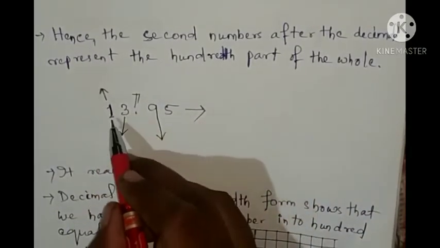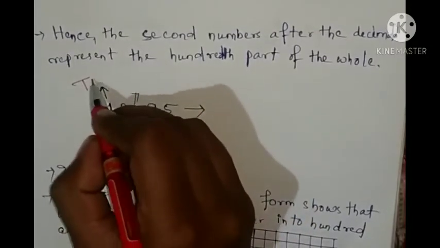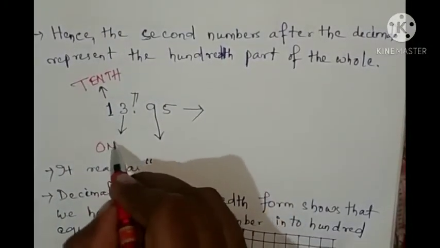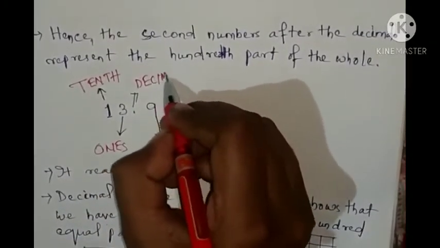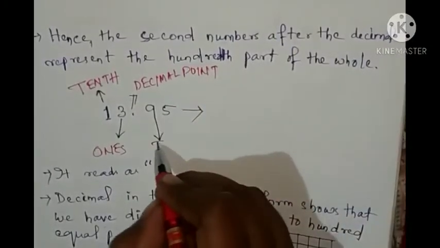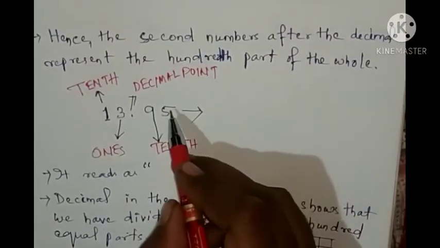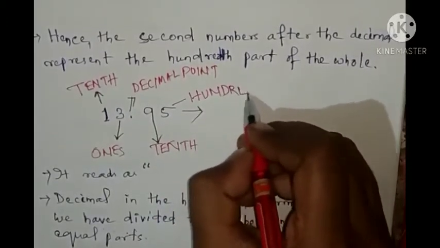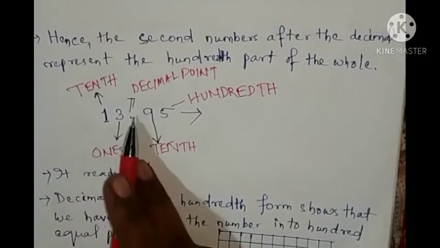Here 13.95 means 1 is in the 10's place, 3 is in the 1's place, this is the decimal point, then 9 is in the 10th place and 5 is in the 100th place.